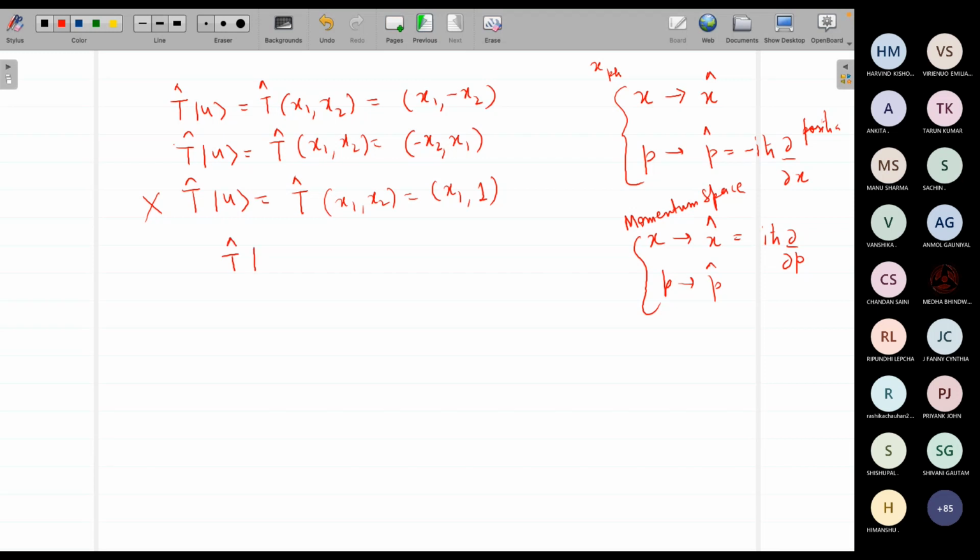Two things are very important. When I apply a linear operator on the zero vector, the result is always the zero vector. So the zero vector is mapped onto the zero vector.